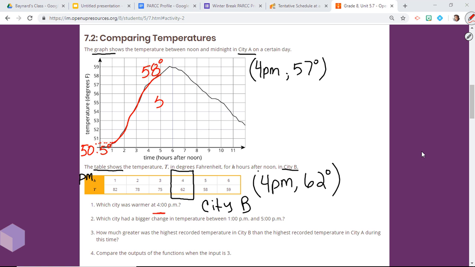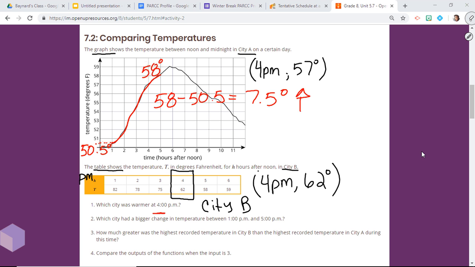Well, that would be 58 degrees minus 50.5 degrees. Go ahead and give yourself a second, type that in your calculator if you need to. And that would be 7.5 degrees, right? We saw it increase. The temperature rose 7.5 degrees during that time, between 1 and 5 p.m.